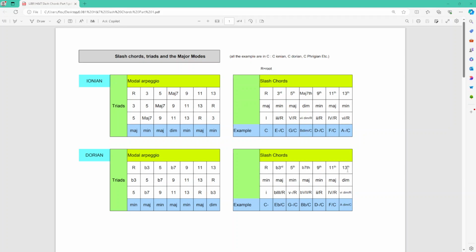And here now you look at the slash chords, where this time we're going from the flat 3, so if this is C, the flat 3 will be E flat, and I apply a major triad to it. So it's a flat 3 major chord, and in this case would be E flat over C. And again, you can have G minor over C, B flat over C, D minor over C, F over C, and A diminished over C. And this will be the sound of Dorian.